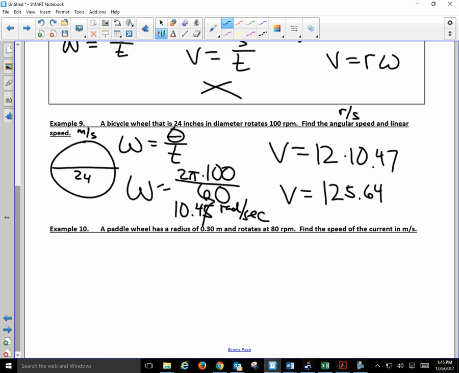That's velocity, so we're measuring in distance. What is our distance measured in here? Inches per second. 125.64 inches per second. Okay.